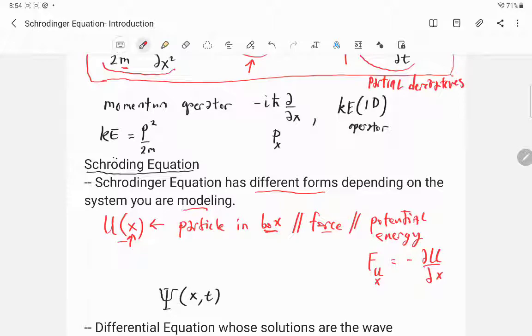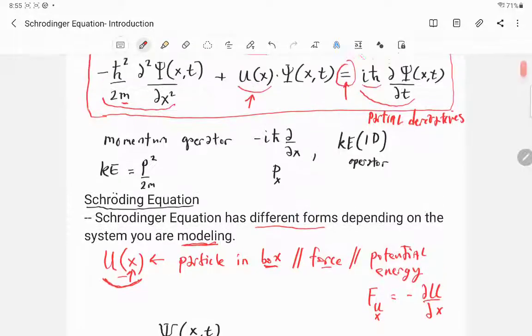So some of the input into Schrodinger's equation is what forces my quantum mechanical particle is going to feel. And we put all the details about those forces into this function called the potential energy.